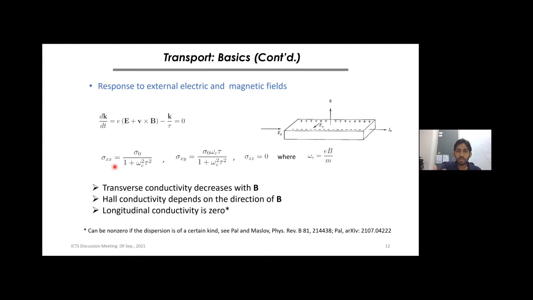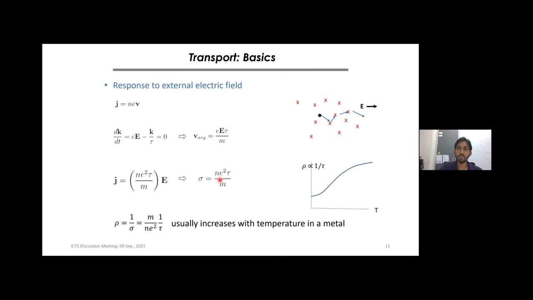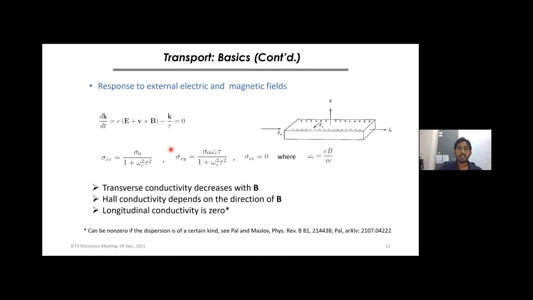Now, it's easy to show, it's just a 2-line calculation, that the diagonal part of the conductivity, that is along the electric field, the current will be given by this. Sigma naught is your Drude conductivity that I just showed here. This is called the Drude conductivity. There is another component, sigma xy, which is the Hall part, which is essentially the fact that now that you have a magnetic field, and if you have current going here, the charge will feel some force perpendicular to both.